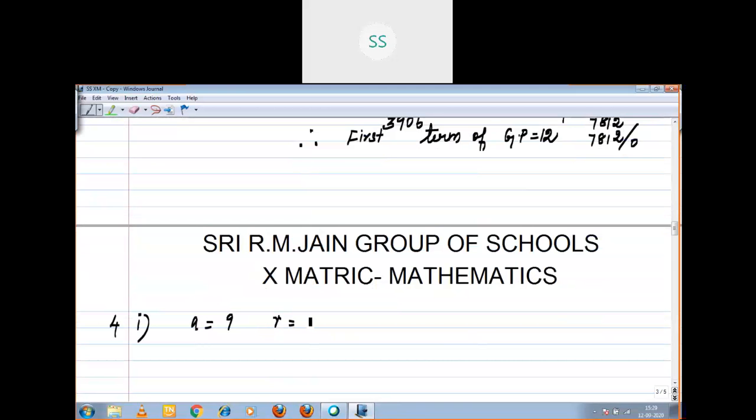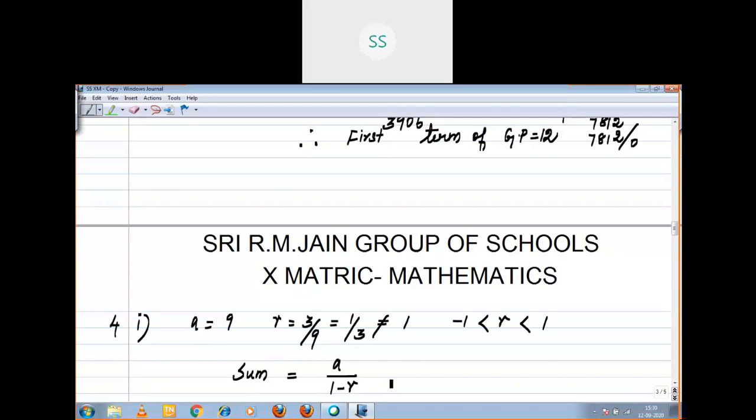Now, question number 4. Find the sum to infinity of 9 plus 3 plus 1 plus etc. In the first subdivision, a equal to 9. What is your r? r equal to 3 by 9, which is equal to 1 by 3, not equal to 1, and r lies between minus 1 and 1.